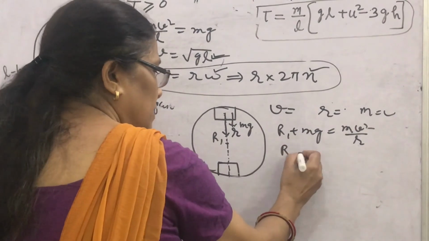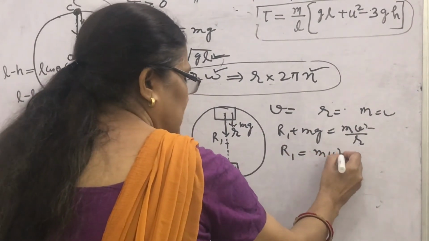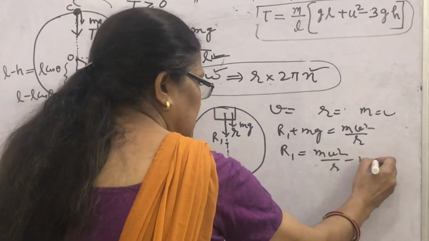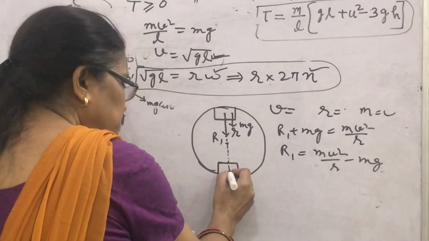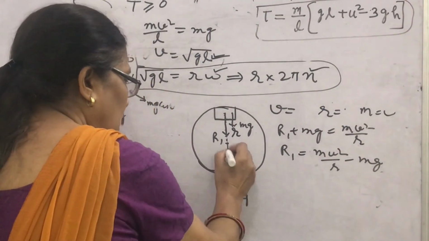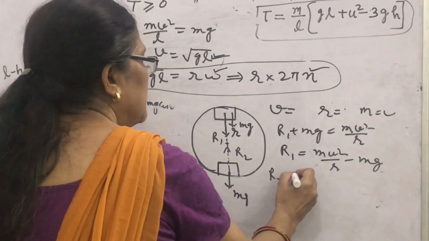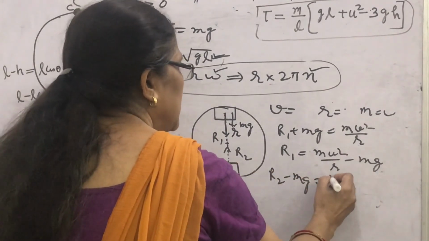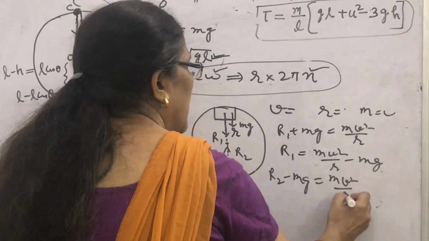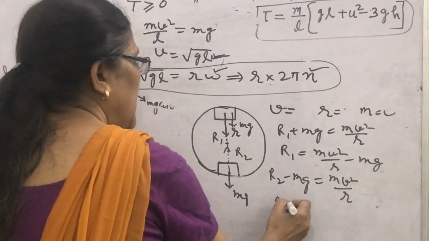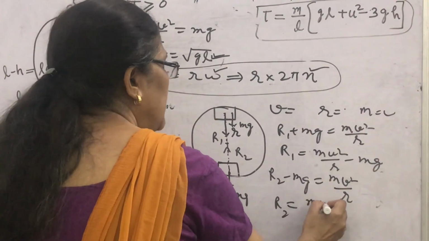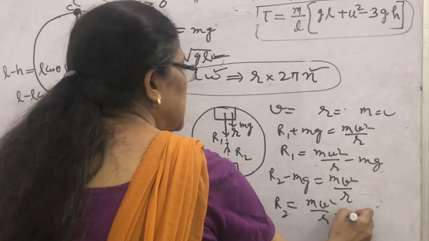Then you can find R1, this is mv square by r minus mg, and at the lowest point this will be the mg and this will be the R2. Then what will be the equation? R2 minus mg equal to mv square by r. So you will find R2 equal to mv square by r plus mg.